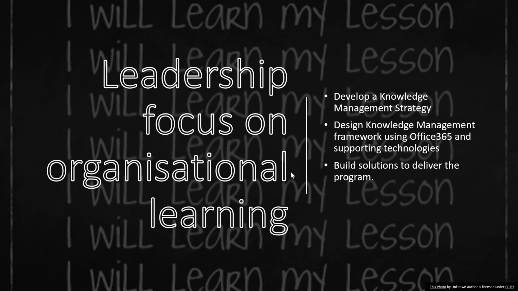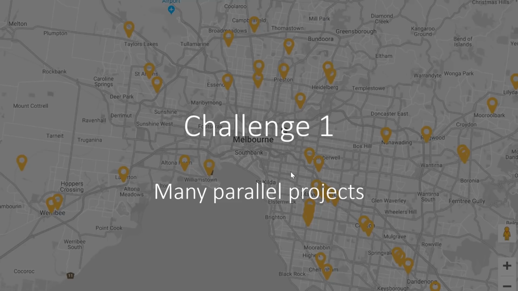Here is some context on the challenges of a project like this: capturing knowledge, capturing lessons, and distributing that wisdom to the rest of the organization. Here's the first challenge. What I just showed you in the previous picture of those railway stations, there are 50 of them, and they are distributed across quite a wide geographic area.